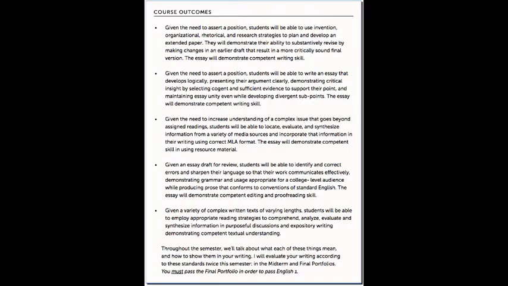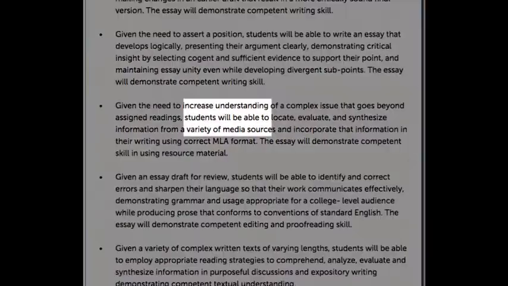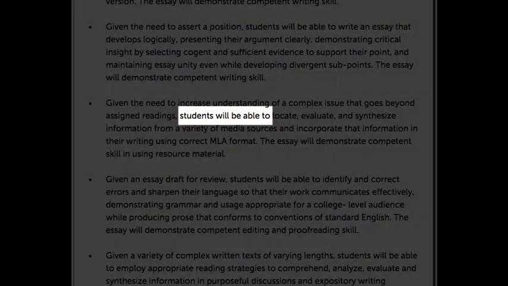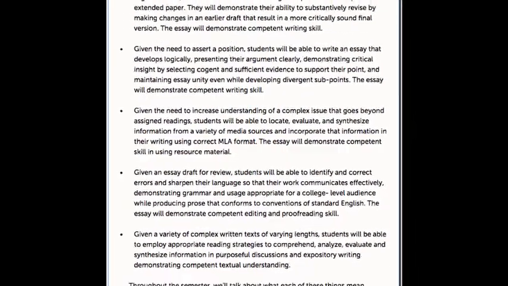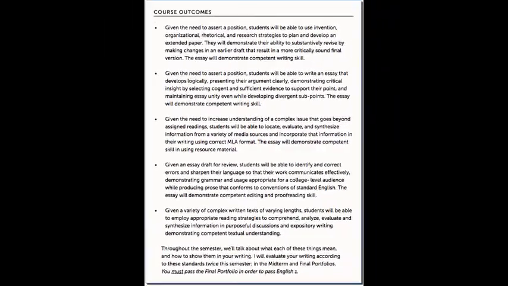You'll notice that each outcome contains a crucial phrase: students will be able to. This is kind of the whole point of a course outcome. It's a statement about what a passing student should be able to do. These outcomes are relatively simple, ostensibly direct lists of skills that students must demonstrate in order to pass a class.